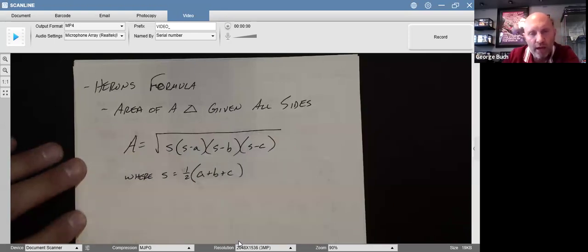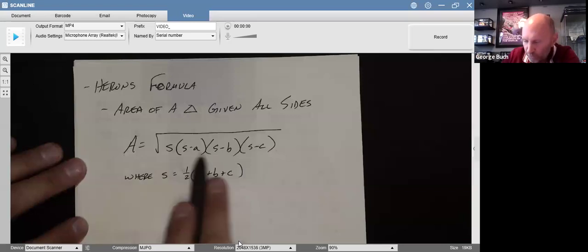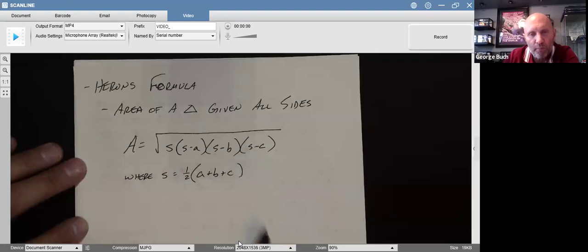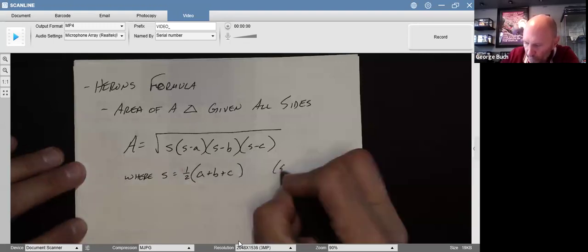So add up all the sides, multiply it by 1/2. That's the number you're going to use here for s. And then you're subtracting all the sides from that number. And this is what's called the semi-perimeter.